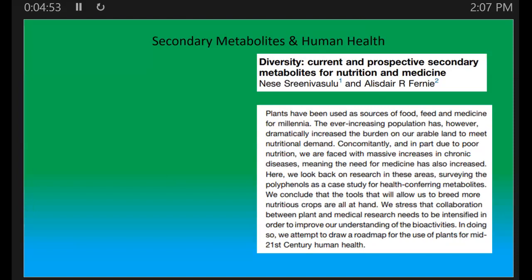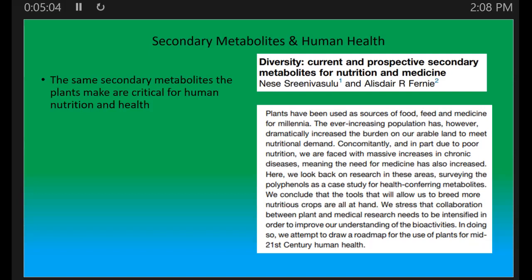So that's a big picture idea, and that has been known for quite some time. But why is a little harder to get at. But we know that the same secondary metabolites the plants are making are actually critical for our human nutrition and health. And so there's a huge field of research looking at how can we better understand this, whether it's food that you eat or medicine that you take.